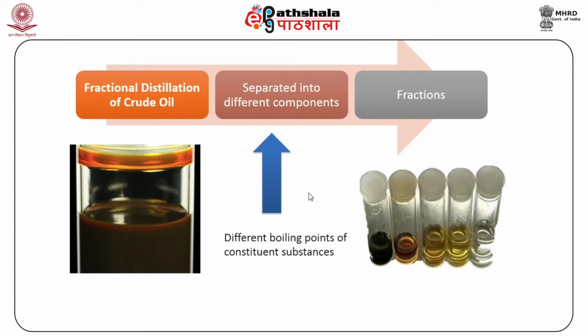You can see here in this diagram the fractional distillation of crude oil. Crude oil is very dirty, almost blackish in color, and when this is subjected to fractional distillation, you can see the different fractions, the very small amounts shown here, and they have different colors.